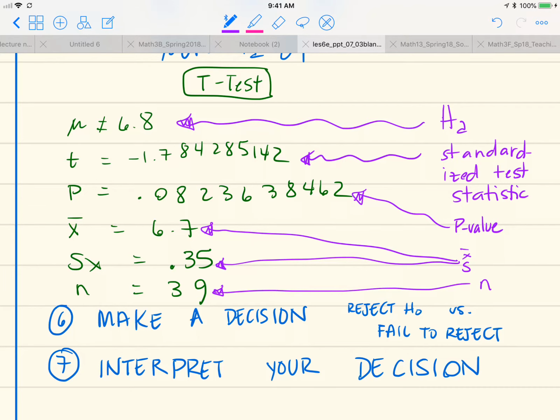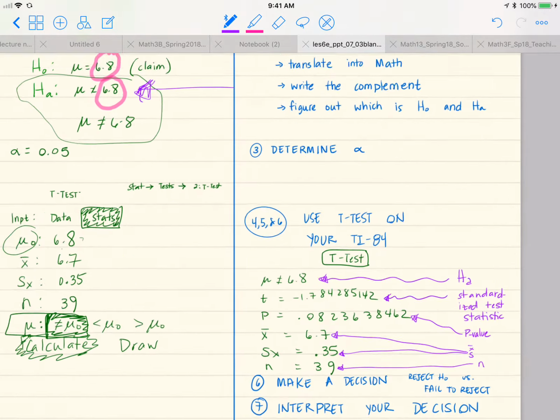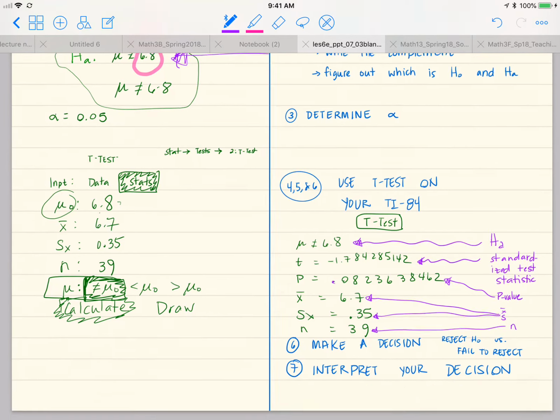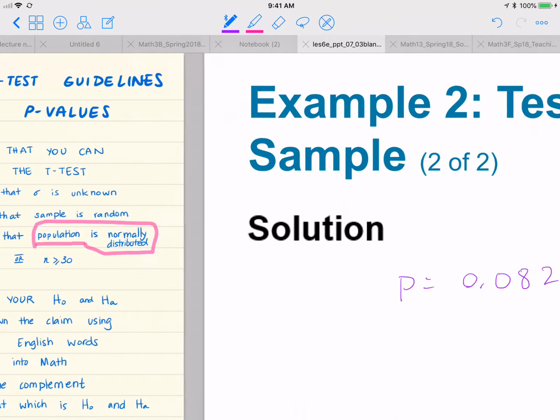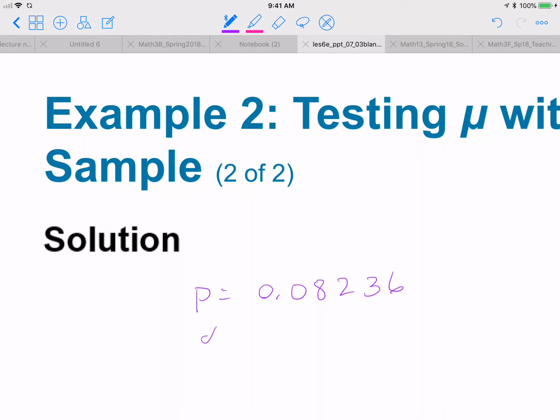All right, we're ready to make a decision. Now remember, how do we make a decision? It's based on P and alpha. Our P is 0.08236, and our alpha is 0.05.